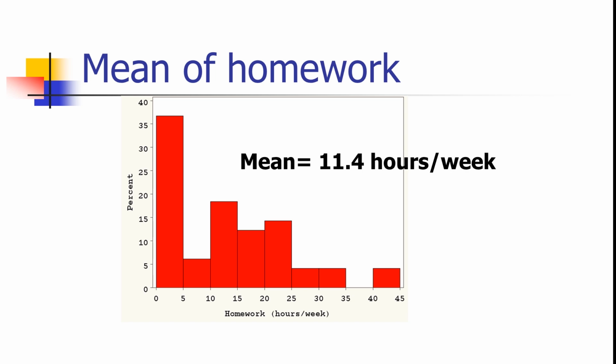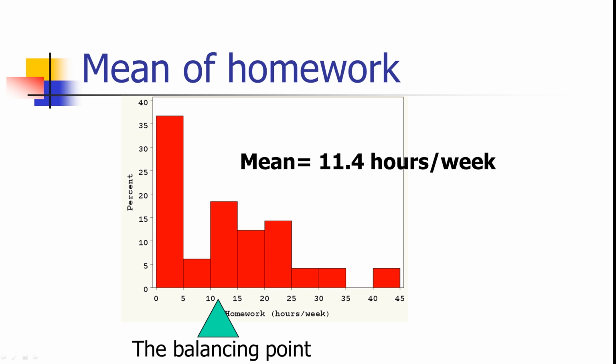Now, as I mentioned, you can think of the mean as a balancing point. So imagine, this kind of harkens back to high school physics a little bit. Imagine that this graphic that you're seeing here, this histogram, is actually a lever, and each of these little red bars represents a mass. So the smallest red bar is a small mass, the biggest red bar is a big mass.